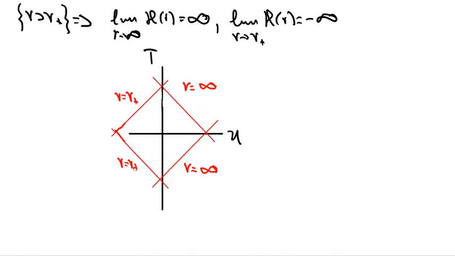Here in this region the conformal factor is positive, and therefore the time orientation of this region corresponds to the vertical axis, so I'm going to draw an arrow to indicate that. This is the time orientation.